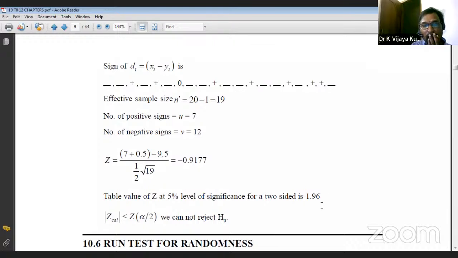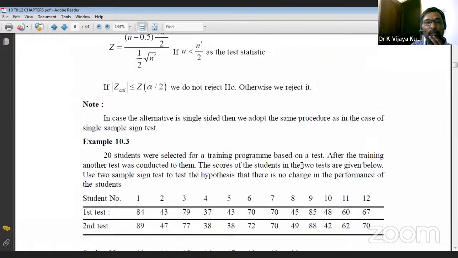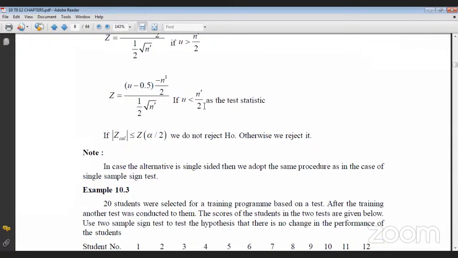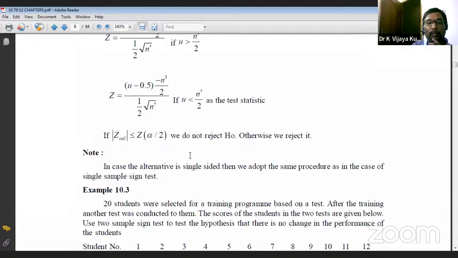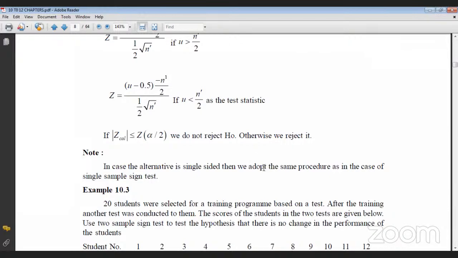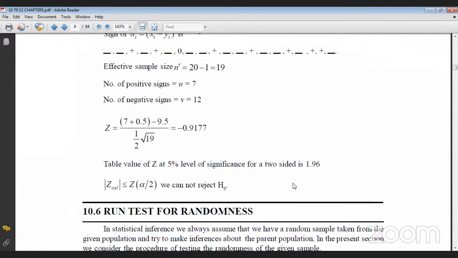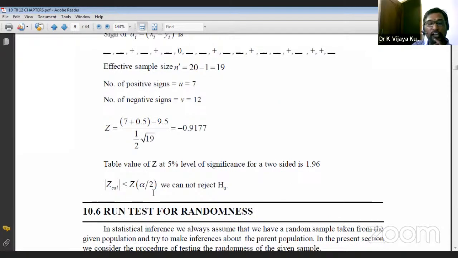Reject or accept? Look at the formula here: z cal is less than or equal to z alpha by 2, we do not reject it. We accept, sir, because z cal is less than z alpha by 2, which is 1.96.